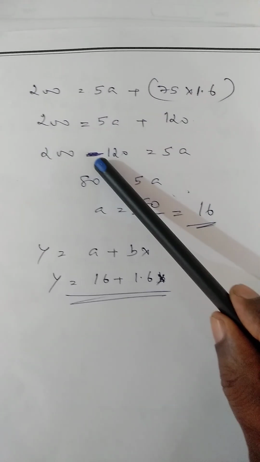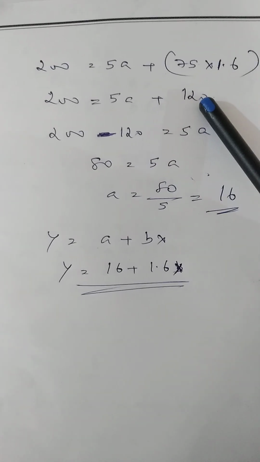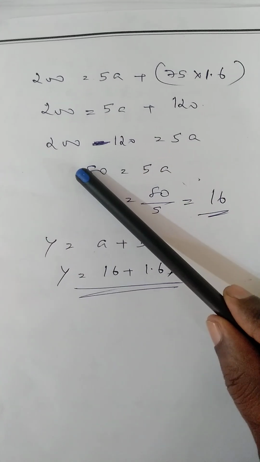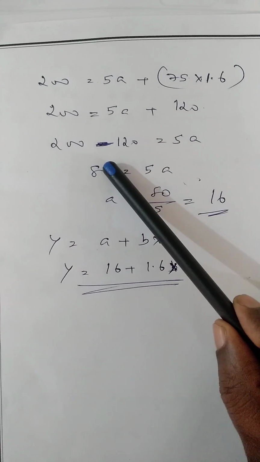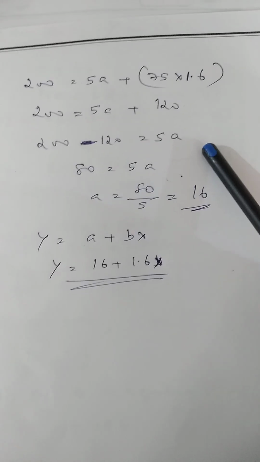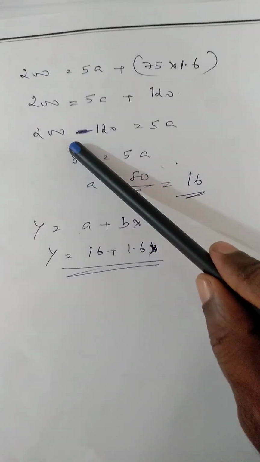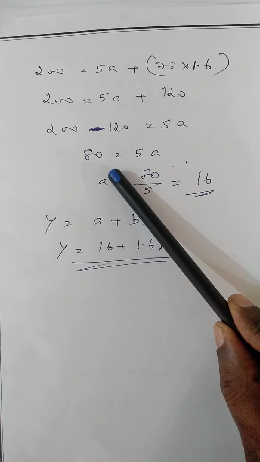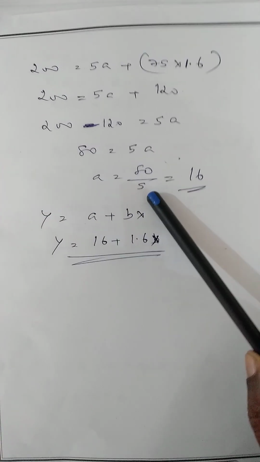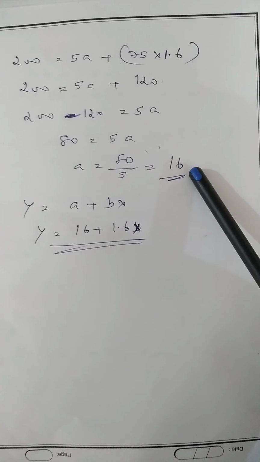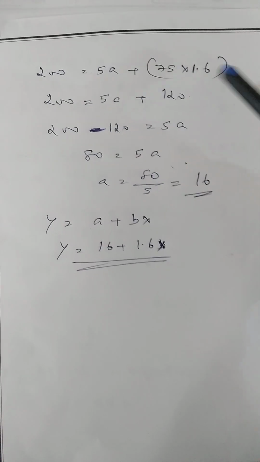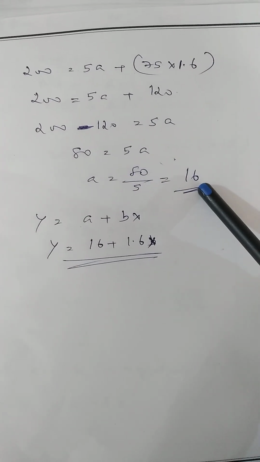I am taking this 120 to the left hand side. So 200 minus 120 is equal to 5a. 200 minus 120 provides 80. 80 is equal to 5a. Therefore a is equal to 80 by 5, which provides 16. Now the value of a is also available. The value of b is 1.6 and the value of a is 16.